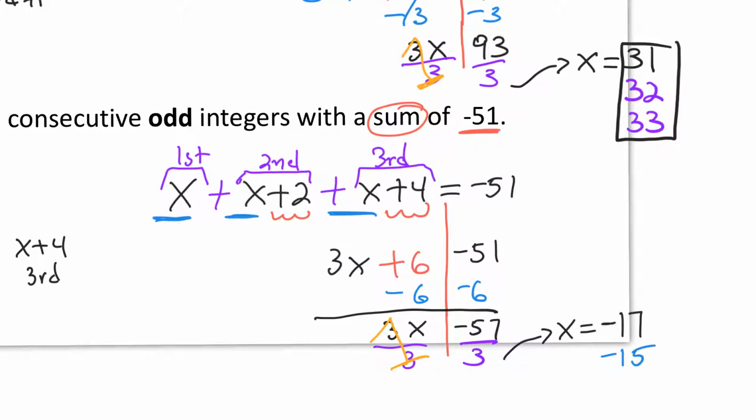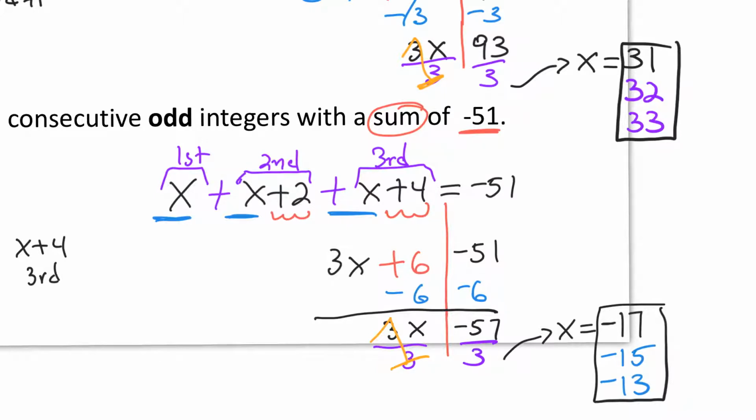So that's the actual next odd consecutive number. And if x, once again, is negative 17, negative 17 plus 4 is actually negative 13. So the numbers that we're looking for are negative 17, negative 15, and negative 13.